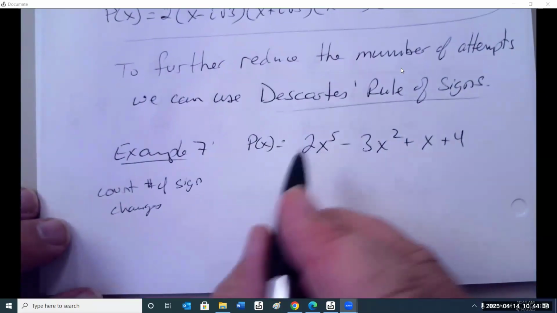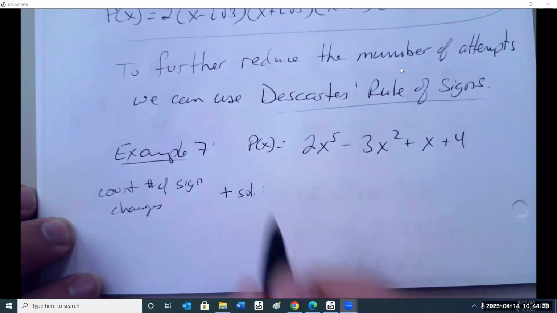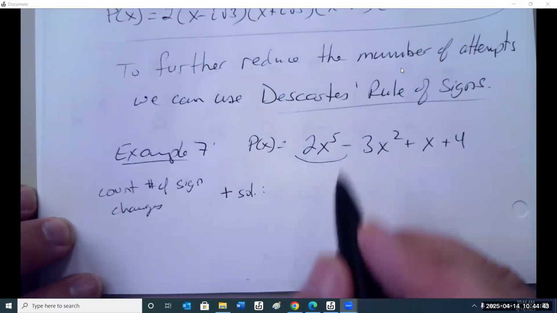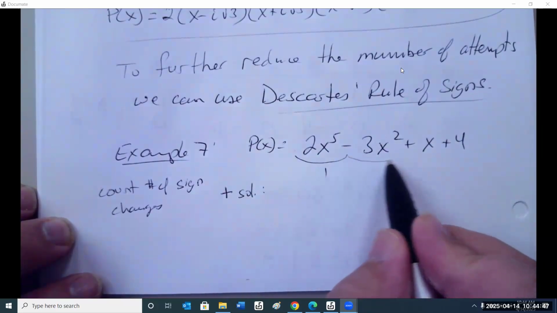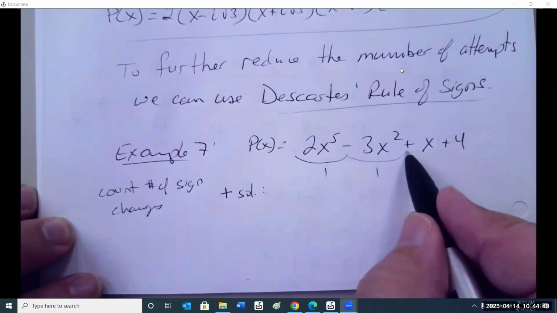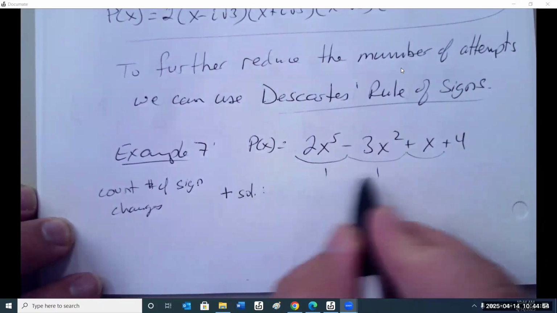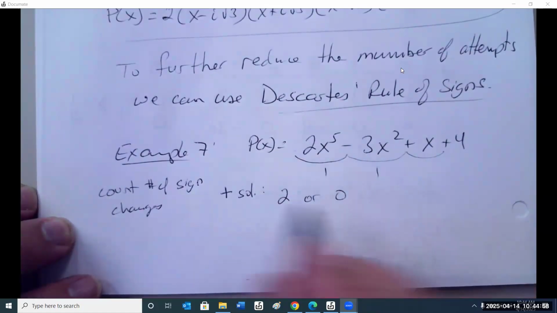That's going to tell us the number of positive solutions. Is this a sign change? Yes. This is positive to negative. That's a sign change. Negative to positive. That's a sign change. Positive, positive. No. So we have 2 sign changes. So we can have 2 or 0 positive solutions.